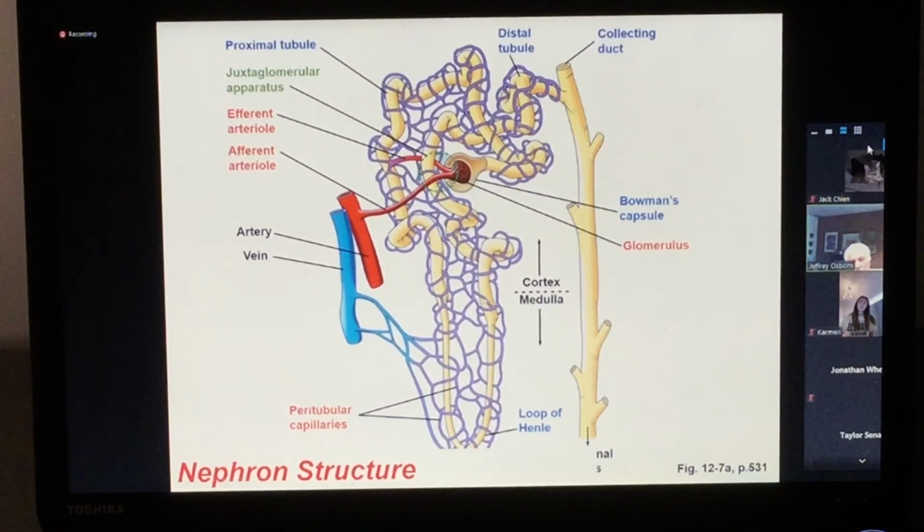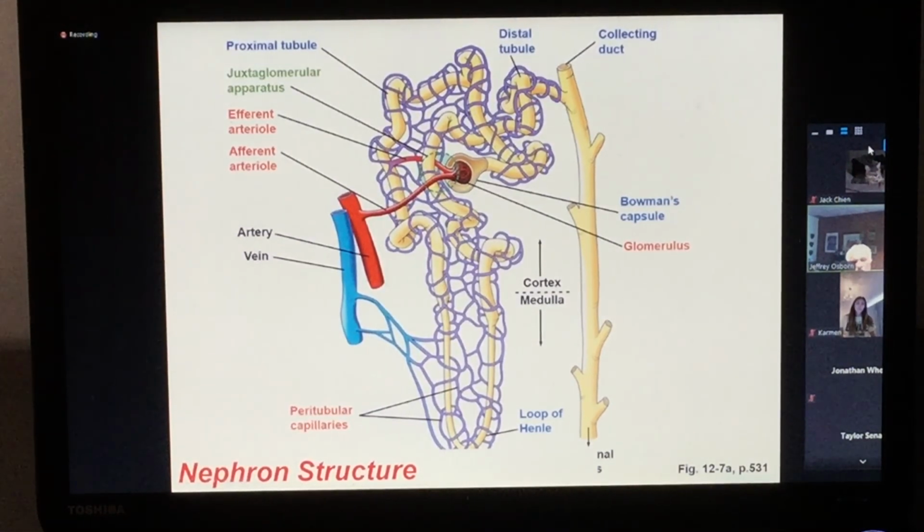So if you have too much tubular fluid flow going past itself, that juxtaglomerular apparatus will cause that afferent arteriole to constrict and decrease the tubular fluid flow. Does this sound like a feedback control system, ladies and gentlemen? I hope so, because it is.